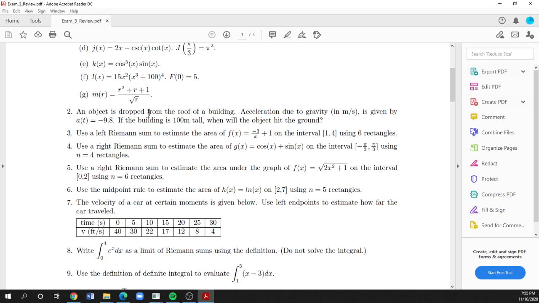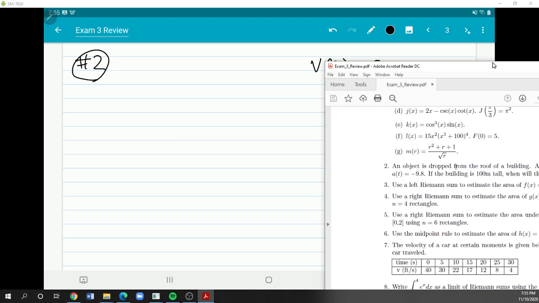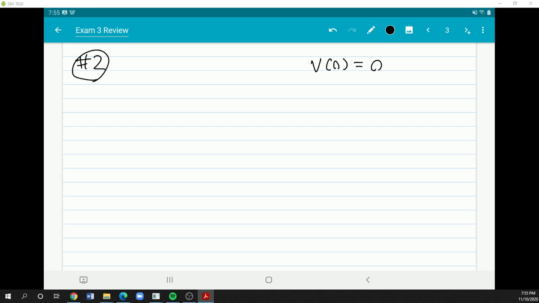So this problem has some secret assumptions that you might not notice at first. It says the object is being dropped, so not thrown or anything like that. So if it's dropped from the building, then v of 0 is equal to 0. So let's get that out of the way. V0 is equal to 0.